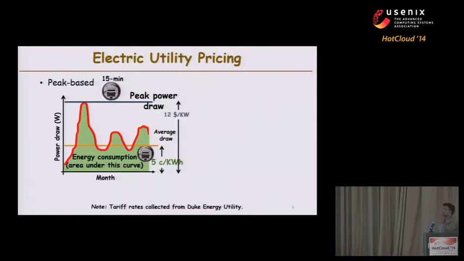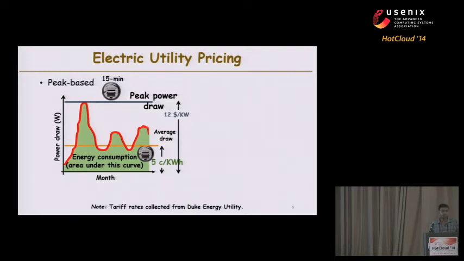So let's try to understand that more clearly using this figure here. I'm showing the power draw of a hypothetical data center over a period of, let's say, a month. The x-axis is time, and the y-axis is showing its power draw, let's say, in watts. The area under the curve is obviously the raw energy consumption, and a part of the electric bill will be made up by multiplying this by some energy charge, let's say 5 cents per kilowatt hour in my example.